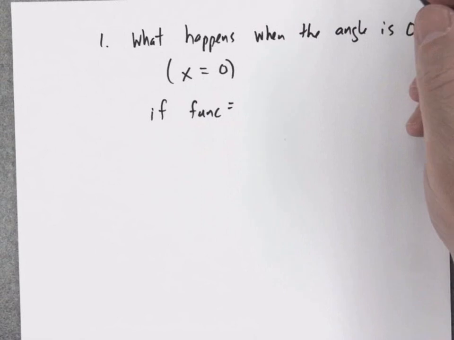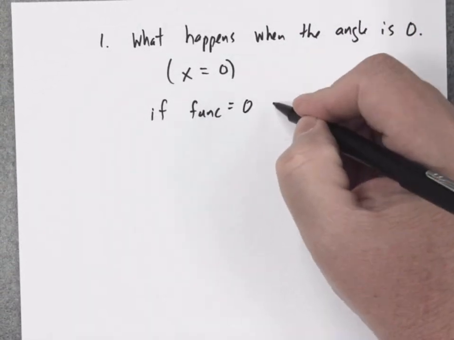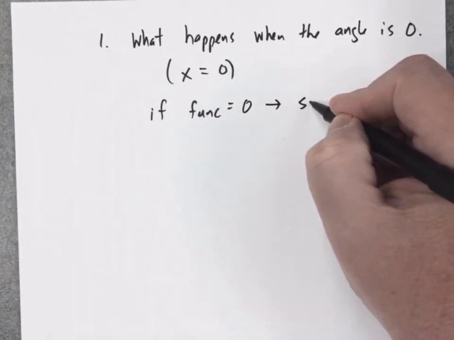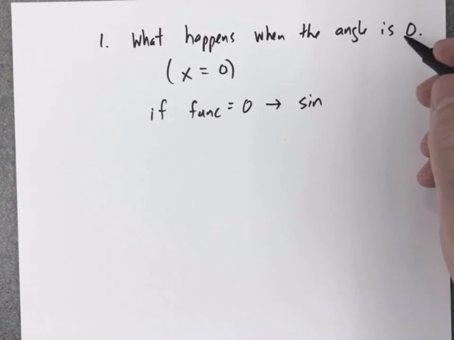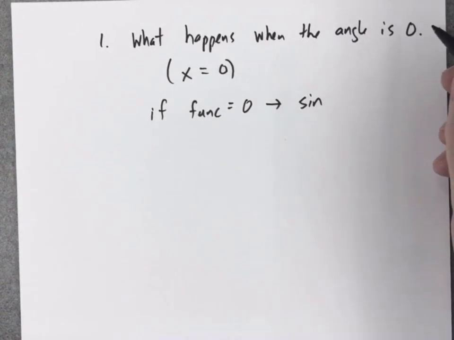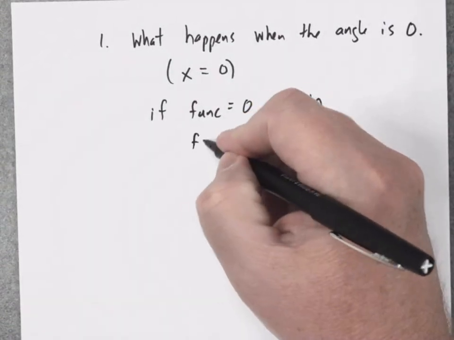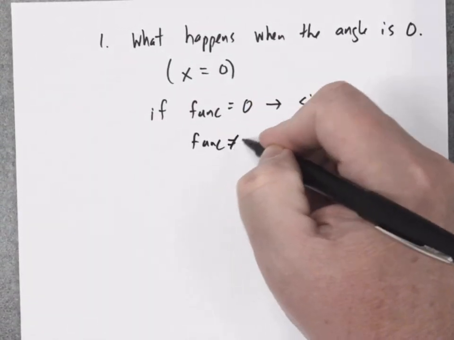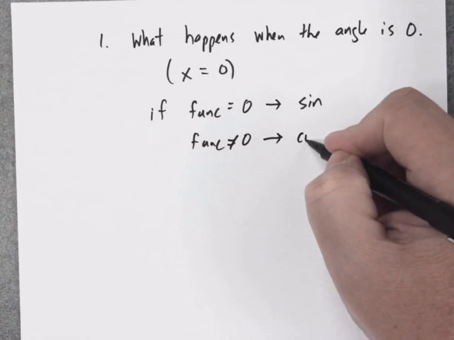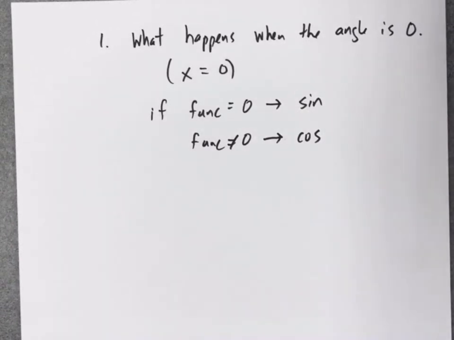At an angle of 0, if the function equals 0, I know it's a sine. If the function is not equal to 0, then I have a cosine equation or cosine wave.